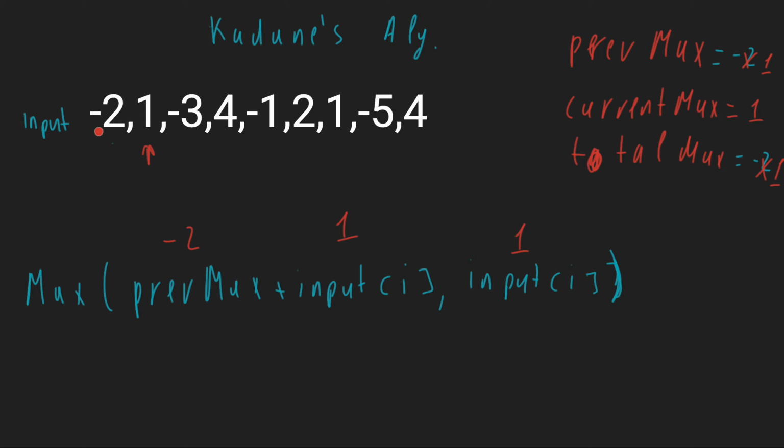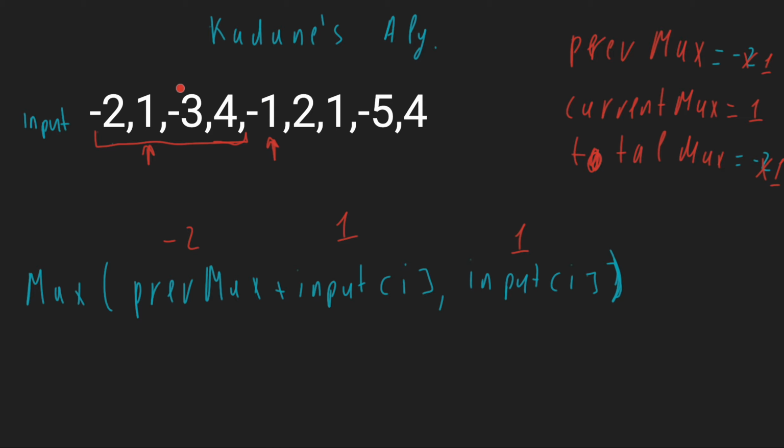As we progress further, let's say that we are at this point. So we are considering this index. We have already calculated the maximum that we have until this point, and for the next element, we can either add that to our previous max, or, let's say this value is, I don't know, 19 or something, and the previous max up to here is negative.